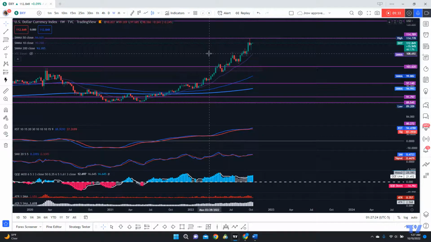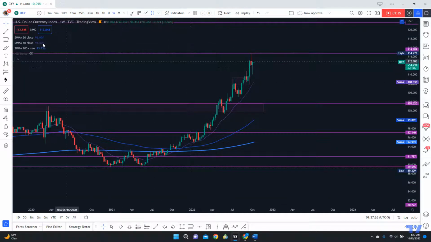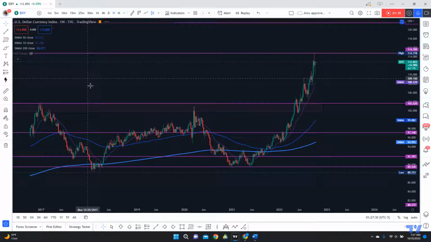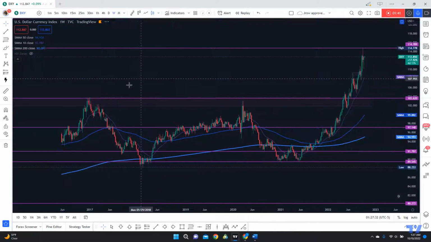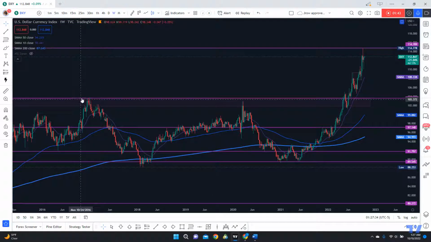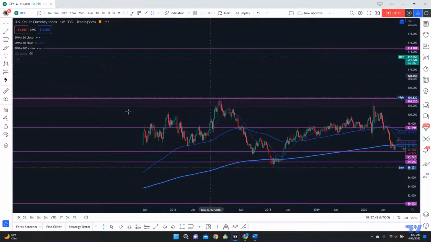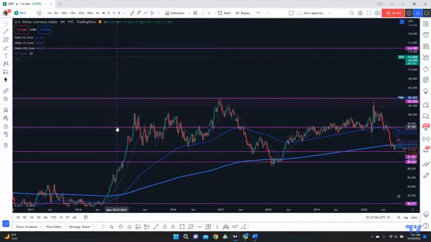All these purple lines on the DXY are basically my important zones and areas where reversals happen, like this one at 103,620, like this one at 97.140. You can see price respected this level.